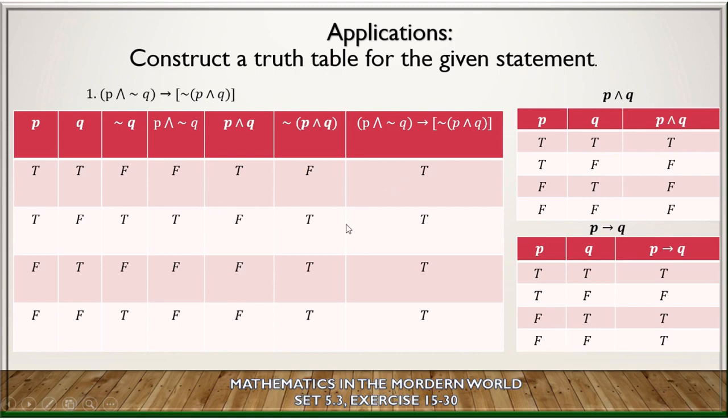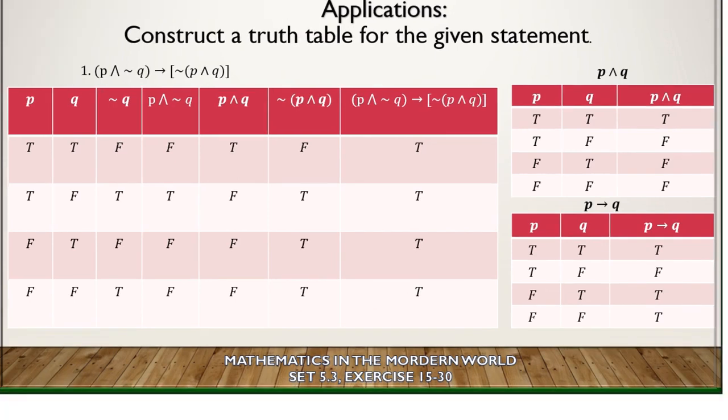True, true is true, the first row. False, true is still true, the third row. False, true, the same, it is true. So for this conditional, it is true in all rows.